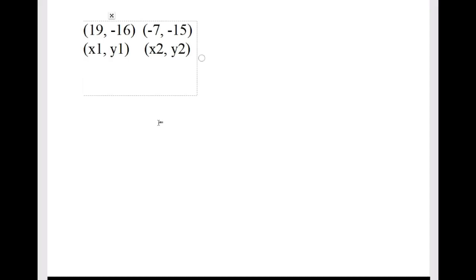Negative 15. You can do it that way. Okay. So we'll do negative 16 minus negative 15. Okay. And what's on the bottom? 19 minus negative 7. Okay, that will work. Let me get the pen on.